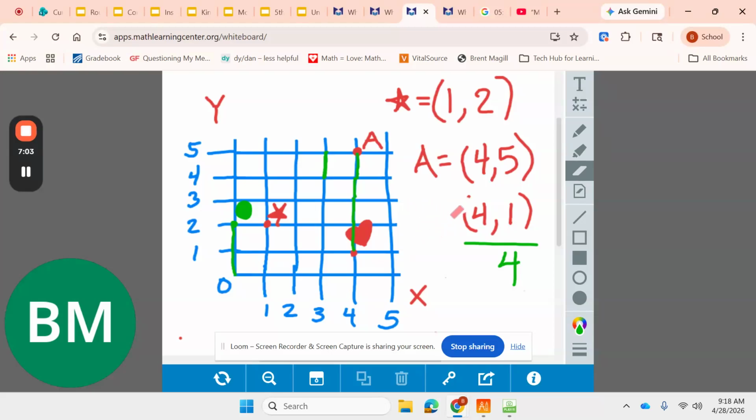So I'm going to get rid of some of this work here. What would they be? So let's just call the 2 points B and C, okay? So what would be the other 2 points that you would come up with to create a rectangle, or actually a square?